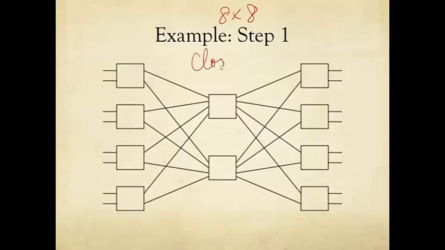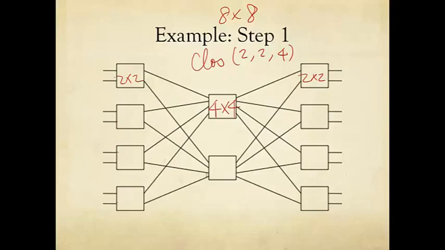Let's build a Clos network where n is 2, m is 2, and r is 4. So you got 2 by 2 switches on the input, 2 by 2 on the output. There are 4 of them, so that you get 8 total input-output ports. And therefore, that means each middle switch is actually 4 by 4. And there are 2 of them.